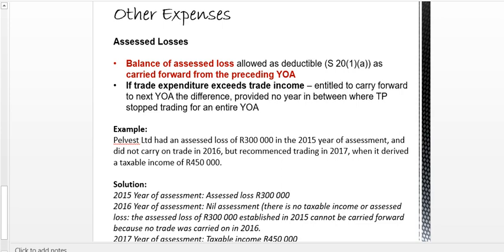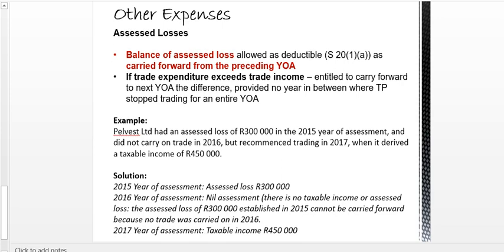Okay, and finally, assessed losses. What are assessed losses? The balance of assessed loss is allowed as a deduction in terms of section 21A, as carried forward from the preceding year of assessment. An assessed loss is when your expenditure was more than your income received.